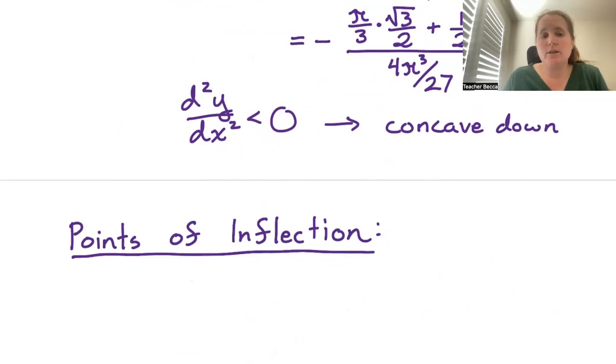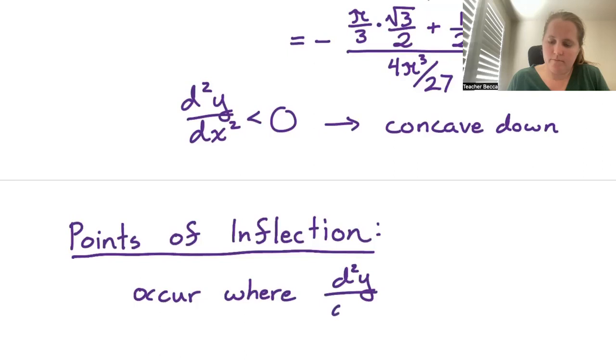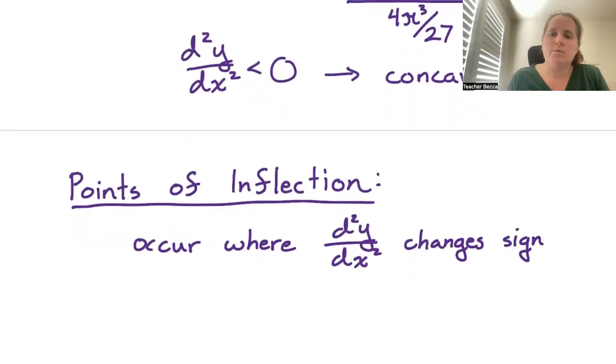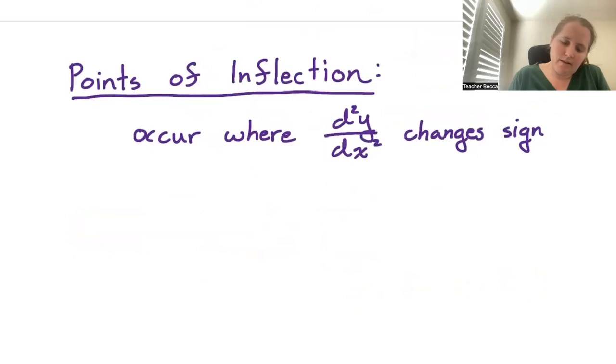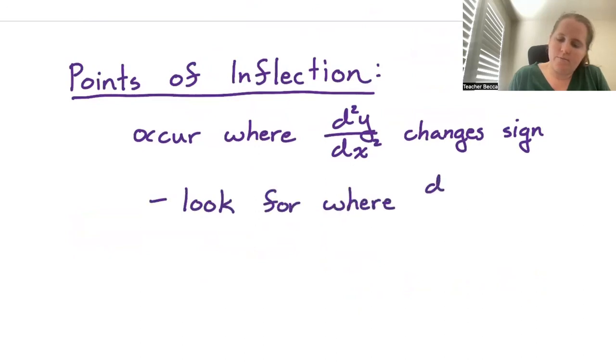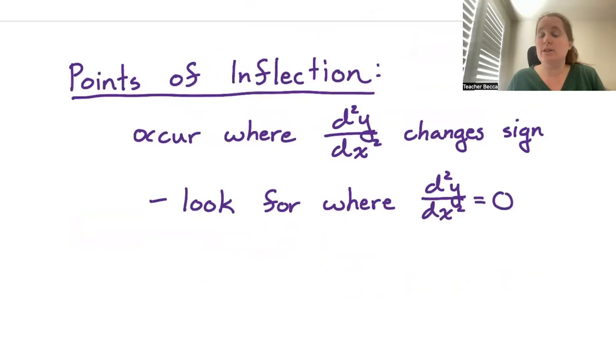The points of inflection occur where the second derivative changes sign. So essentially, let's look for where the second derivative equals 0, and is hopefully changing sign.